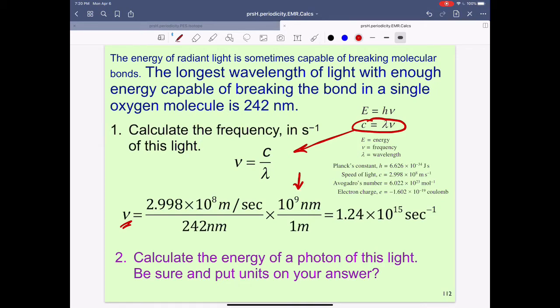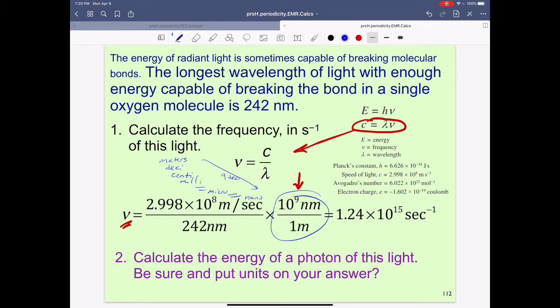it's a great idea to know how to change nanometers to meters. A very quick review. Certainly you're aware of meters, deci, centi, milli, 3 more down to micro, and then 3 more down to nano, for a total from meters to nano of 9 decimal places.